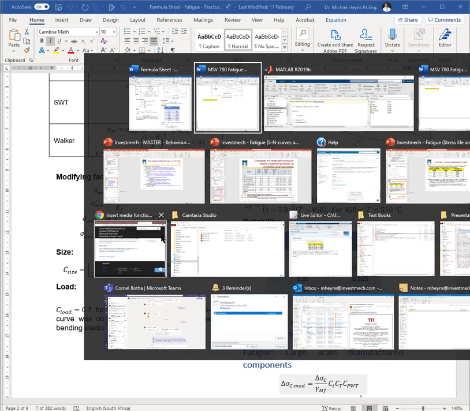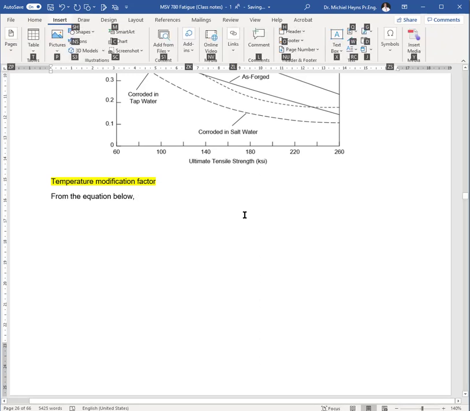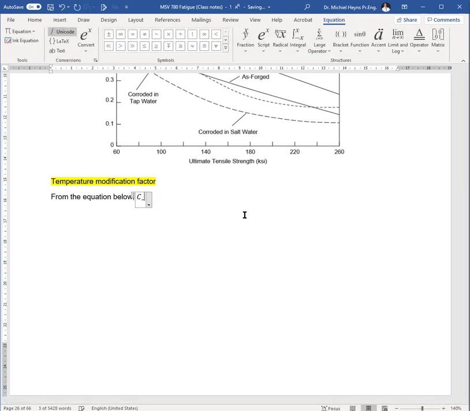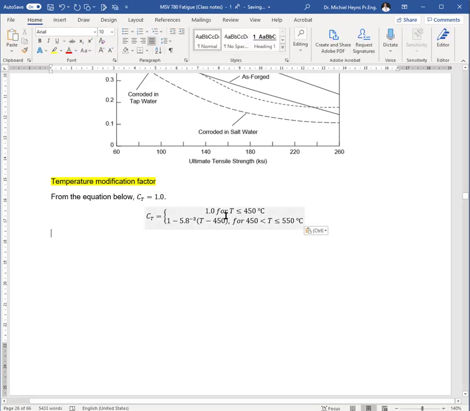So let's go back to our problem. From the equation below, C temperature is equal to 1.0. How do I know? Because it's 1 for less than 450 degrees Celsius.